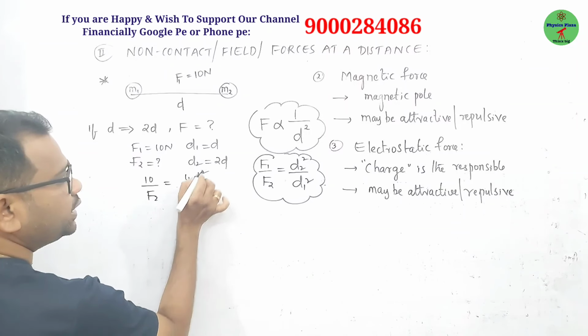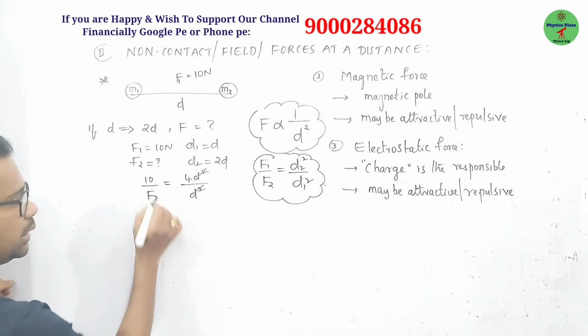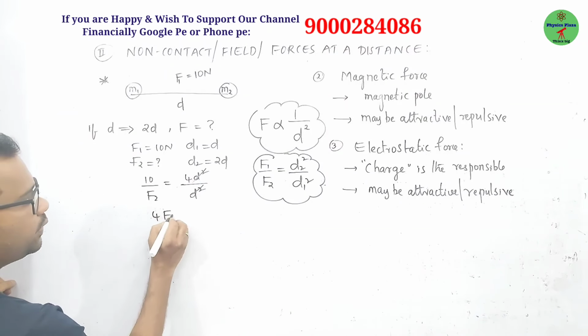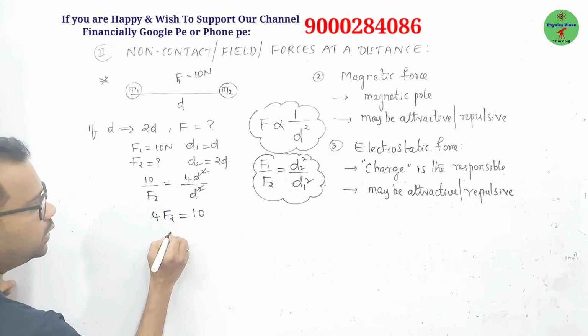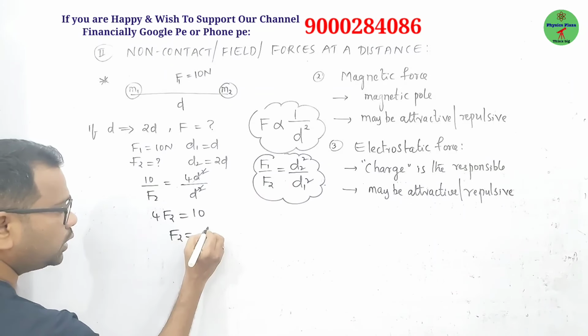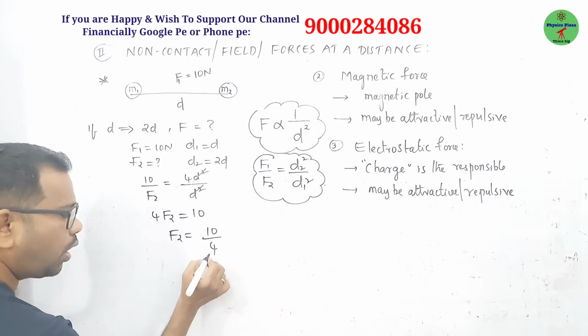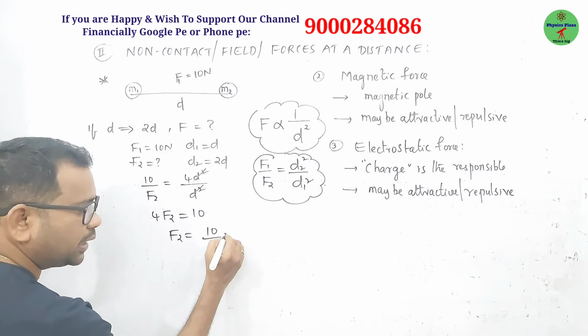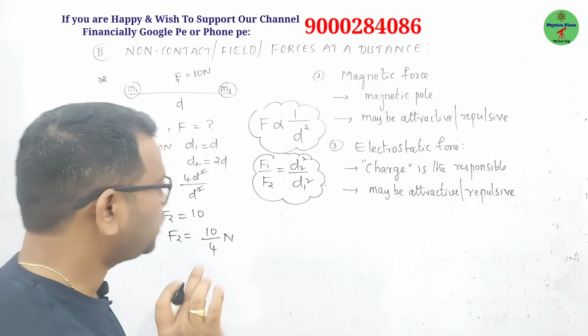D square gets cancelled. Cross multiplying, we get 4F2 is equal to 10. Then F2 is equal to 10 by 4. Of course, we can simplify this, but just keep it like this. I'll tell you why.